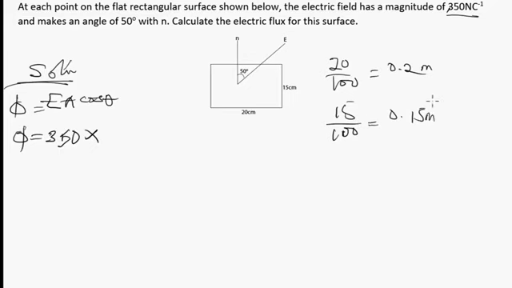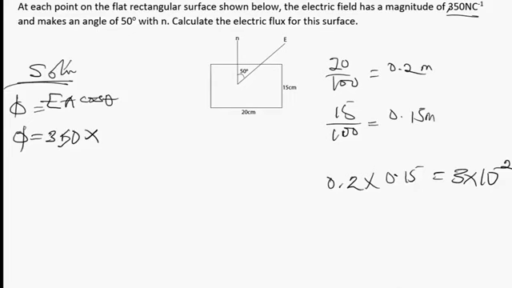To get the area, I'll have 0.2 meters times 0.15 meters, which is 3 times 10 raised to the power of minus 2, or simply 0.03.